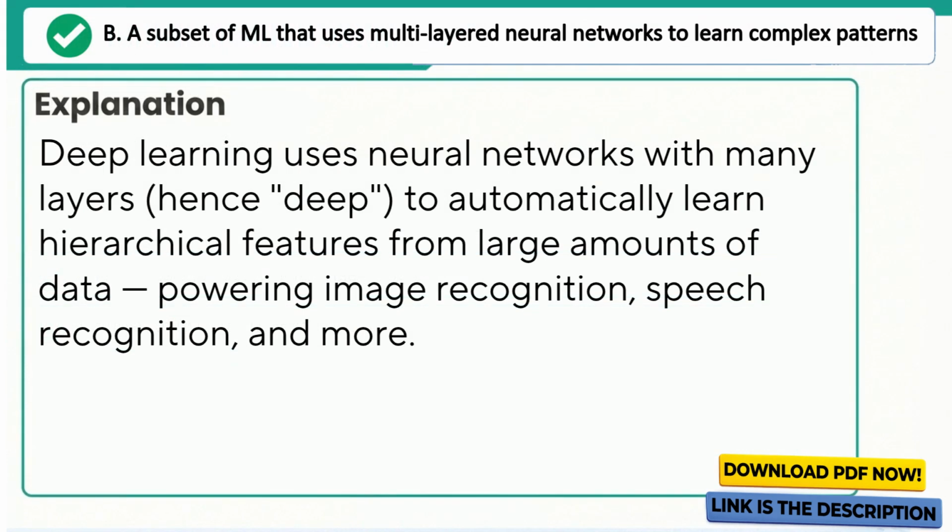Correct answer, B. A subset of ML that uses multi-layered neural networks to learn complex patterns. Explanation. Deep learning uses neural networks with many layers, hence deep, to automatically learn hierarchical features from large amounts of data, powering image recognition, speech recognition, and more.